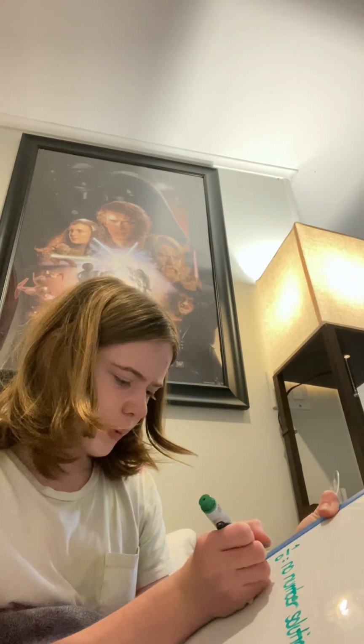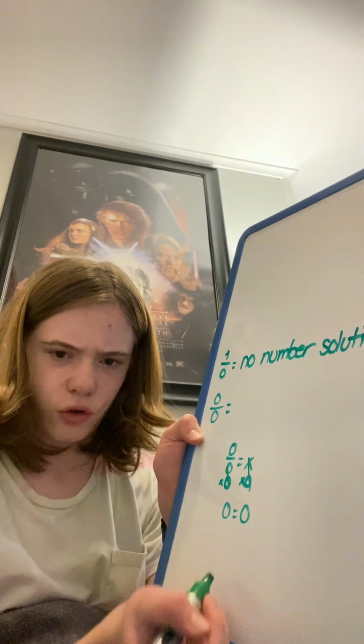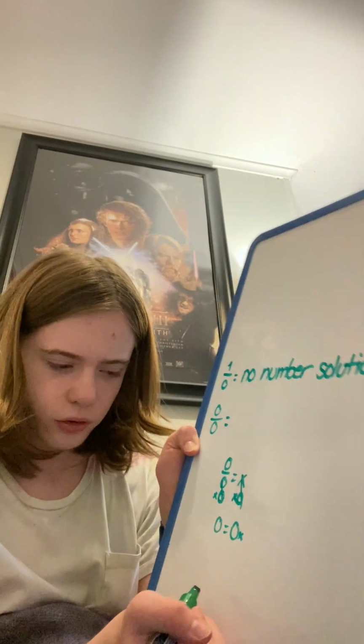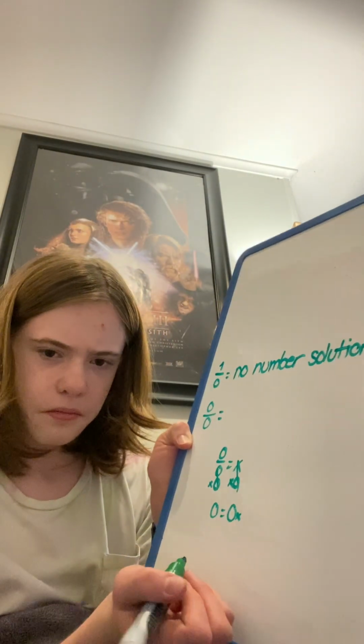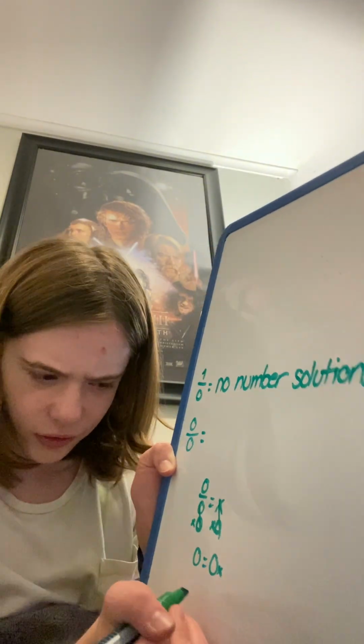But what about 0 divided by 0? Well, this is basically the opposite of this one. Because if you take something like 0 divided by 0 equals x, multiply both sides by 0, you get 0 equals 0, which is true, but even if you plug in x for this, you realize that any number can fit x.